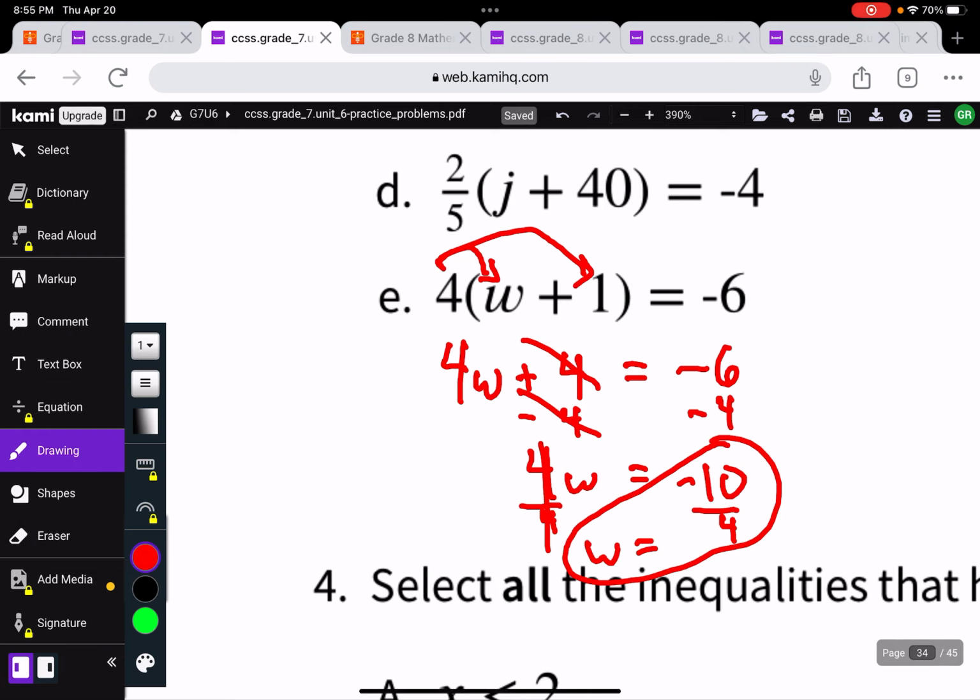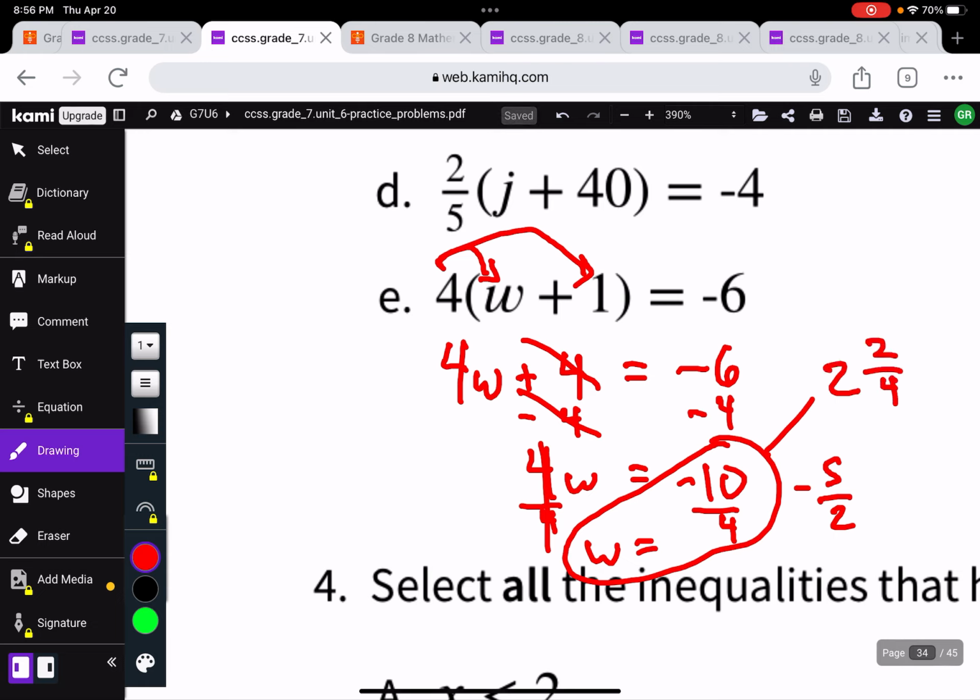That's fine. Simplifying this would be a negative 5 because 2 goes into 10 5 times. 2 can go into both 10 and 4. I could leave it like that, or I could say 4 goes into 10 twice with a remainder of 2.